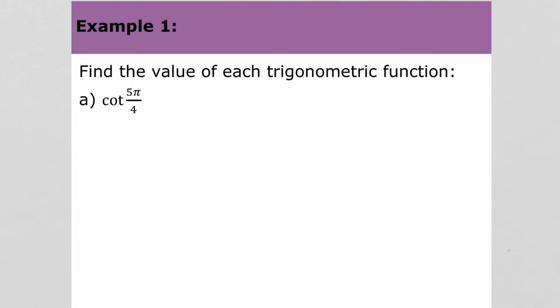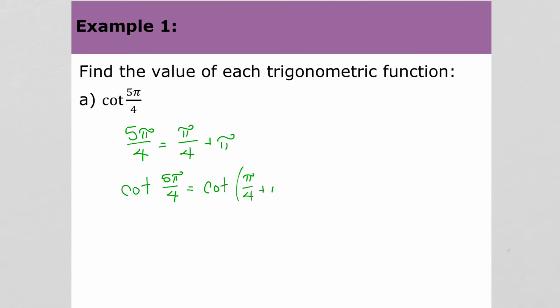So example 1 asks us to find the value of each trig function here. Knowing that 5 pi over 4 is pi over 4 plus pi, then we can say that the cotangent of 5 pi over 4 is the same as the cotangent of pi over 4 plus pi.